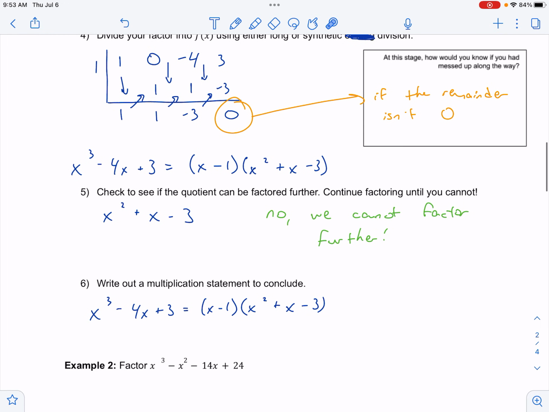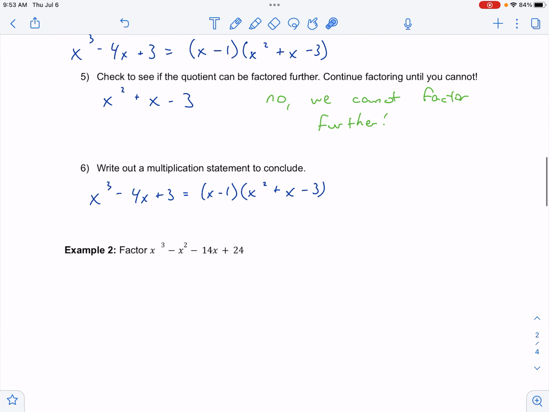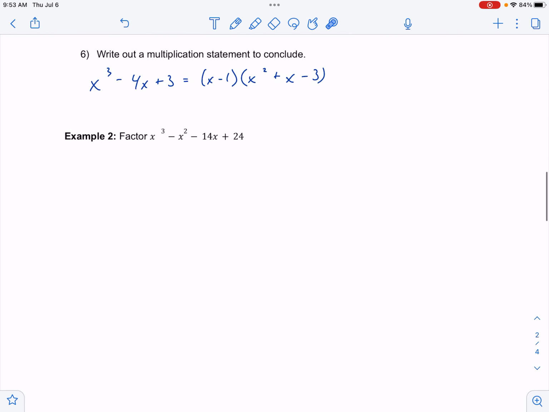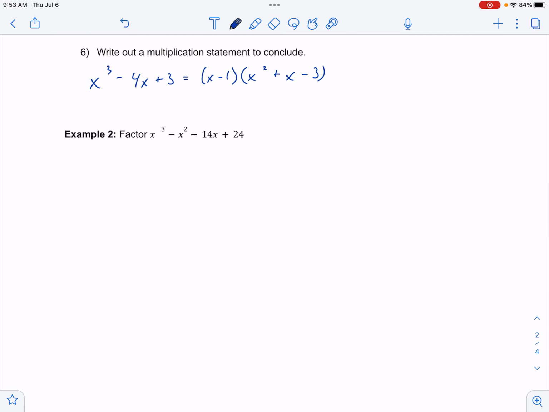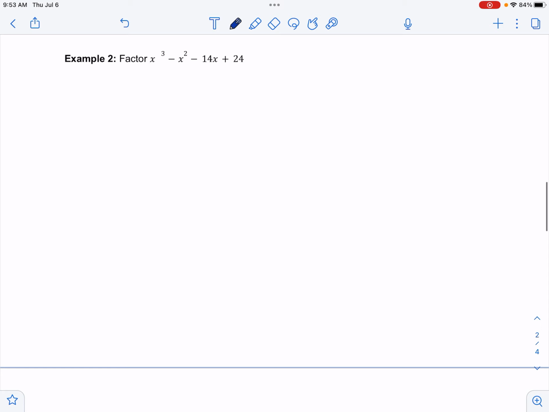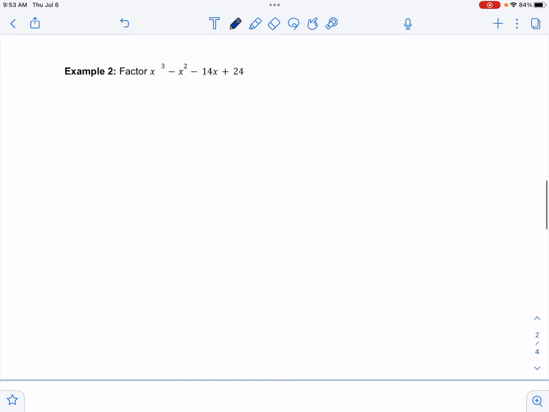Let's do another example, this one with a longer trinomial. So, very first step, we set our expression equal to f of x. Awesome. Okay, now we're going to determine what are our possible p-values.